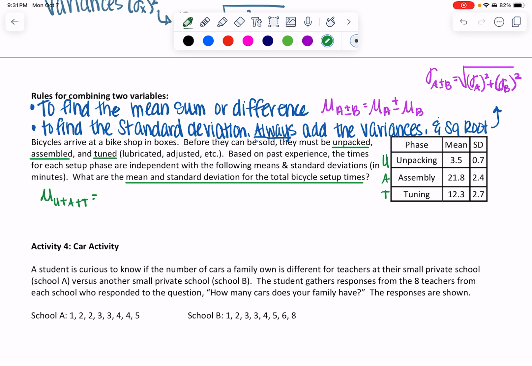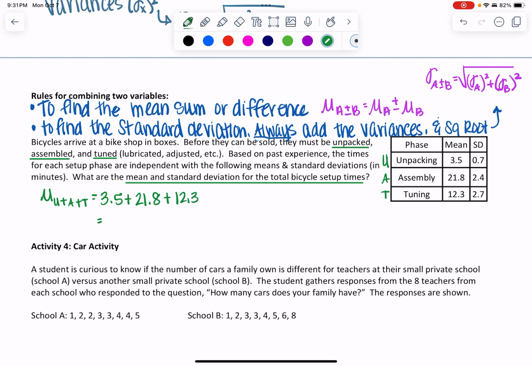So that's going to be, the mean of U is 3.5. The mean of A is 21.8 and the mean of T is 12.3.